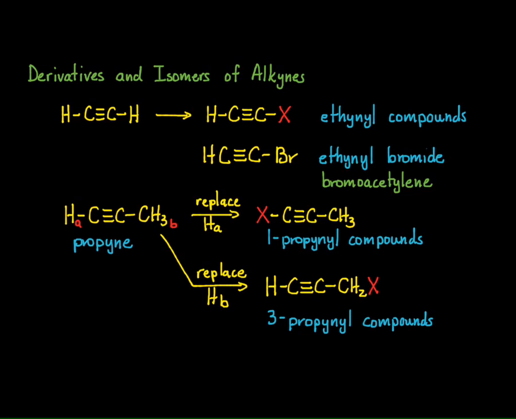Likewise, with alkynes, I have that same effect. When I am substituting a carbon that's connected to that triple bond, it takes on its own name. But instead of an allyl compound, I get what's called a propargyl compound, so propargyl bromide, propargyl alcohol.